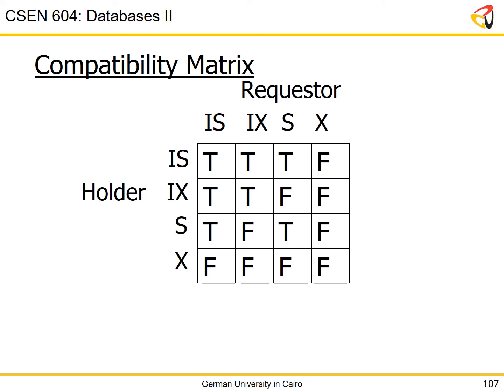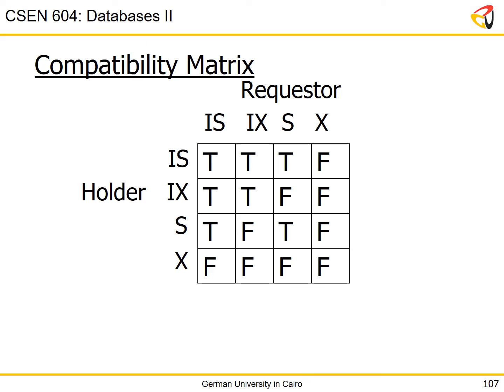For example, the holder which has intention exclusive will request an exclusive on T2, while the new requester, requesting an intention shared, will request a shared lock on T5, which is different. Same thing for intention exclusive.